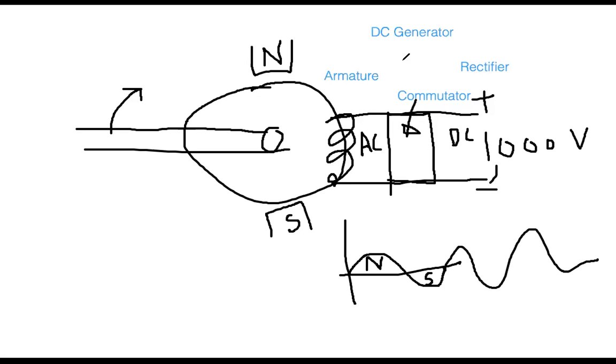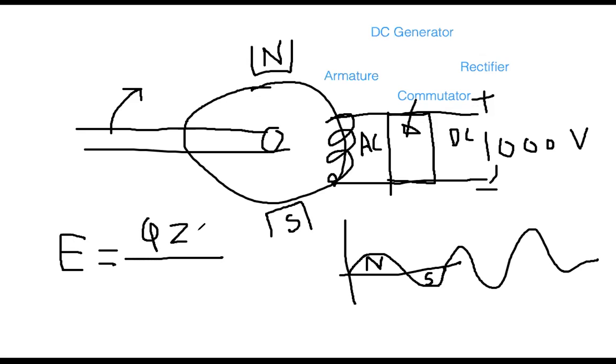Now, there are several things. In case of a DC generator, the voltage that is built up has several factors. So you will express E equal to phi Z N over 60, multiplied by P over A. Here phi is that flux.